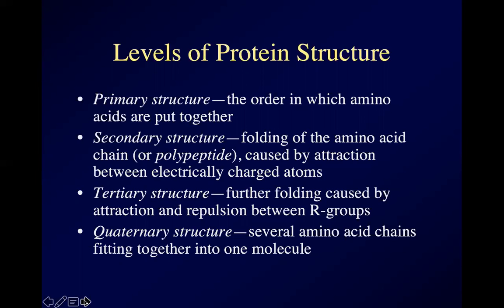For your hemoglobin to function, it's not made of just one chain of amino acids, it's made of 4. Each of those 4 has to fold up into the right shape, and then all 4 have to stick together. And if they don't stick together in the right shape, you end up with faulty hemoglobin. You could end up with, for example, sickle cell anemia. And we call that quaternary structure.